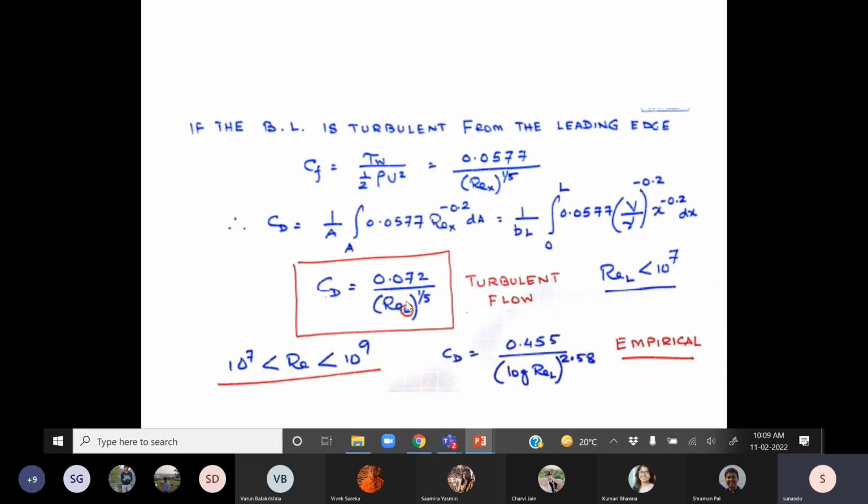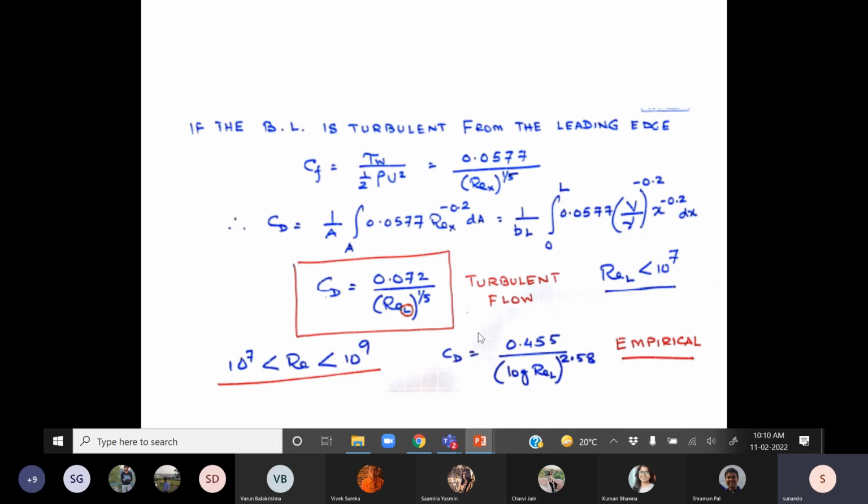Once again, L is circled to show the independence from the actual location, and this is valid roughly for Reynolds number less than 10 to the power 7. If the Reynolds number is greater than 10 to the power 7, then a purely empirical relation for CD is commonly used for engineering calculations, which is this.